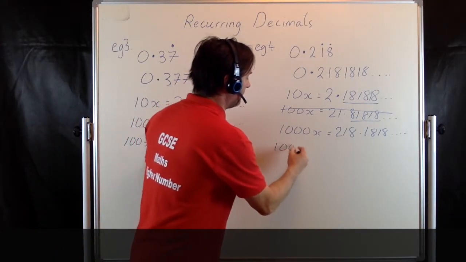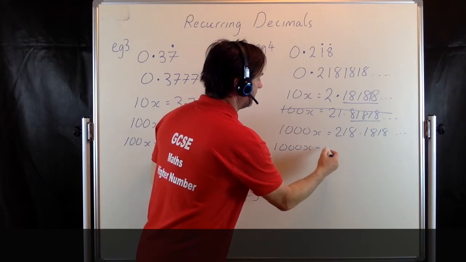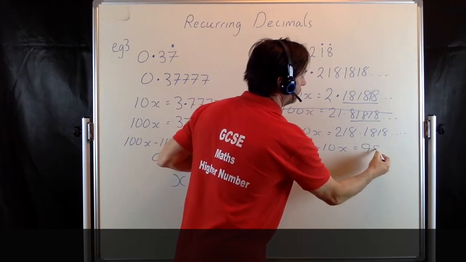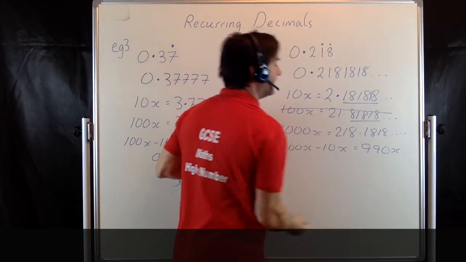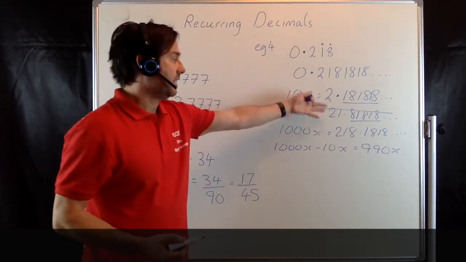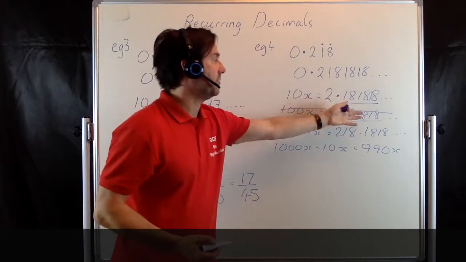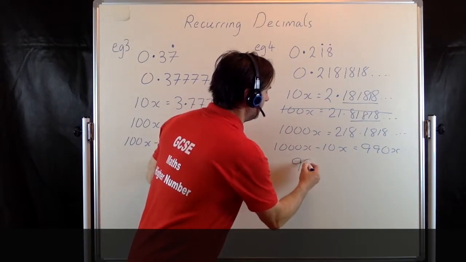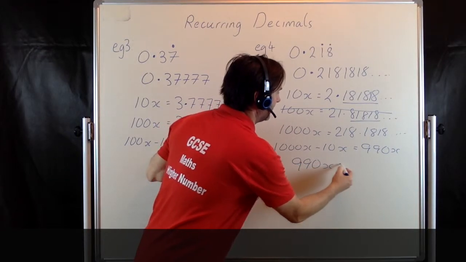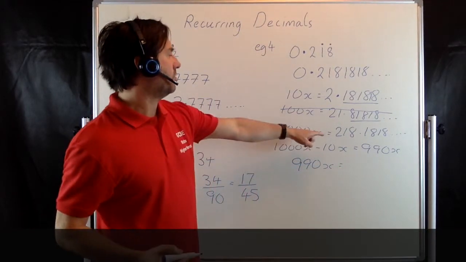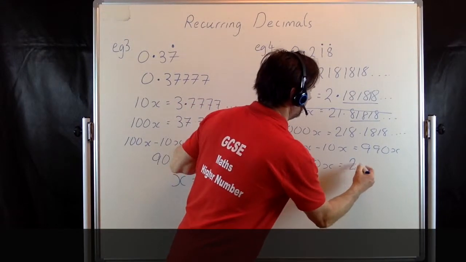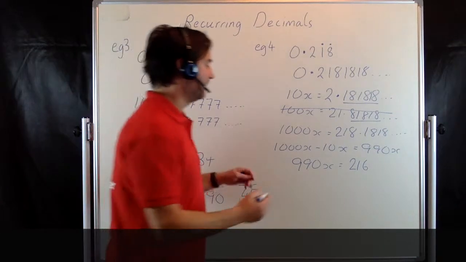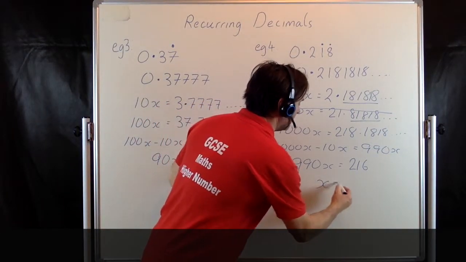So if I have 1000x take away 10x, I'm going to be left with 990x. So if I then take the 2.1818 away from the 218, that's going to leave me with 216, so 990x is going to equal 216.